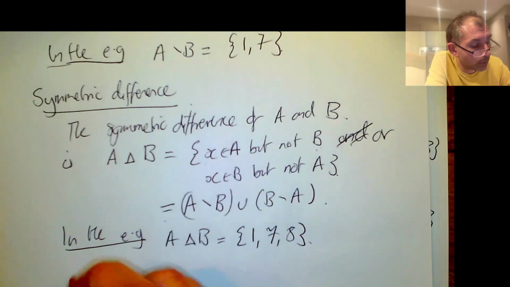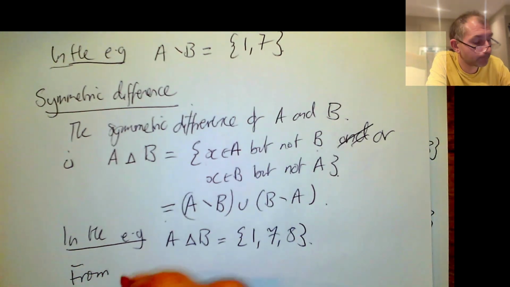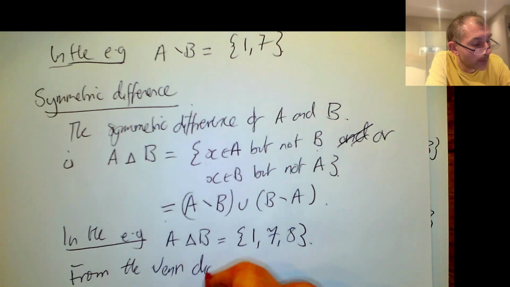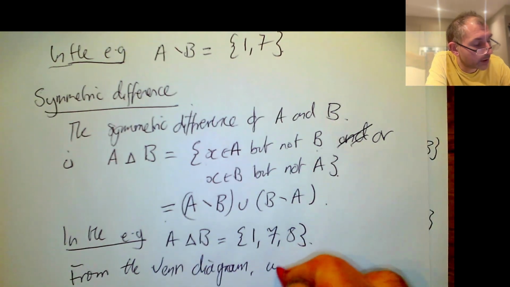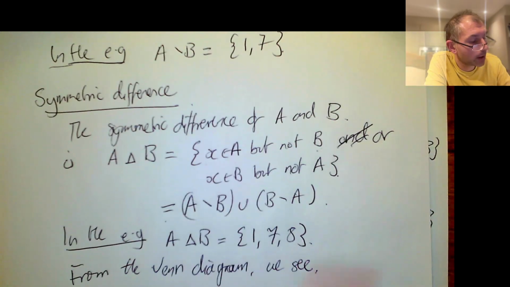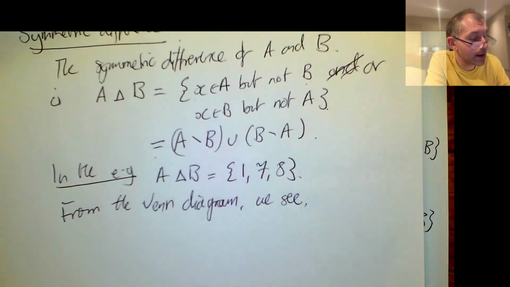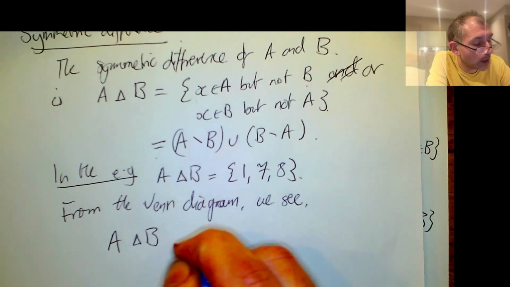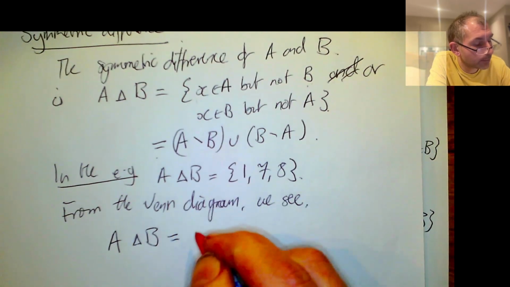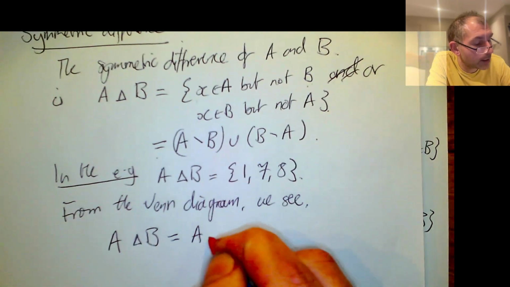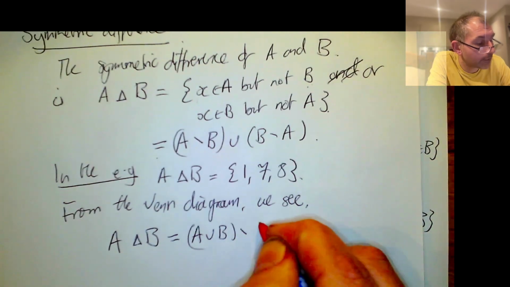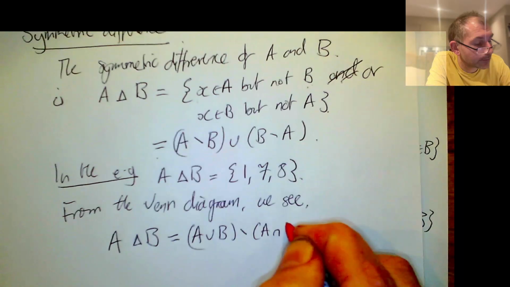So from the Venn diagram, we see that A symmetric difference B is also equal to A union B, but take away everything that's in the intersection.